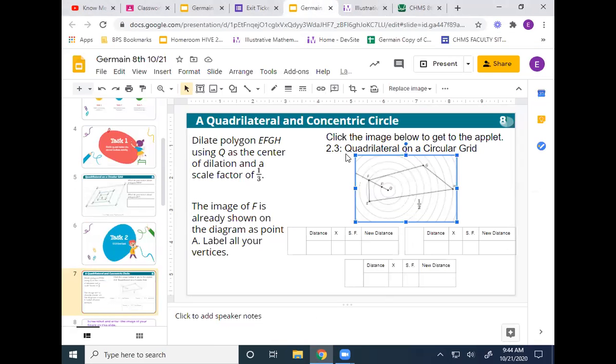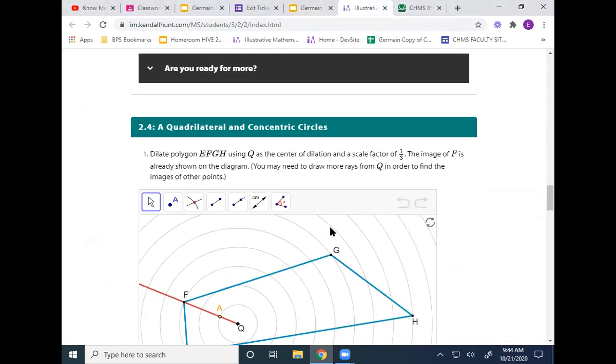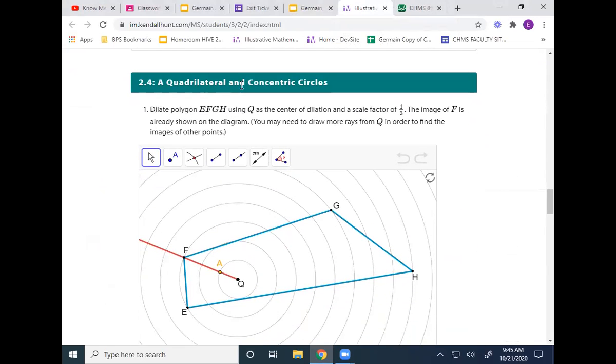You're going to scroll down to where it says quadrilateral. Actually, it's going to be 2.4, I believe. Sorry. You're going to scroll down to the 2.4 where you see this shape right here, a quadrilateral and concentric circles.